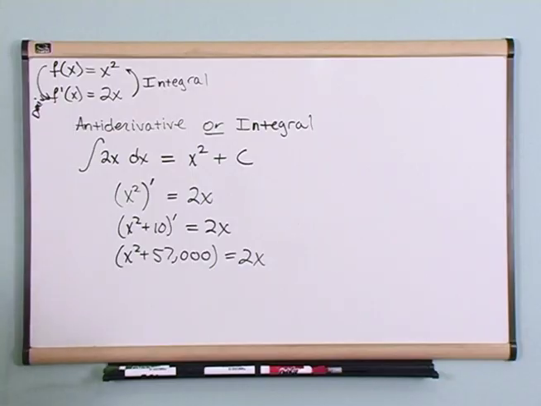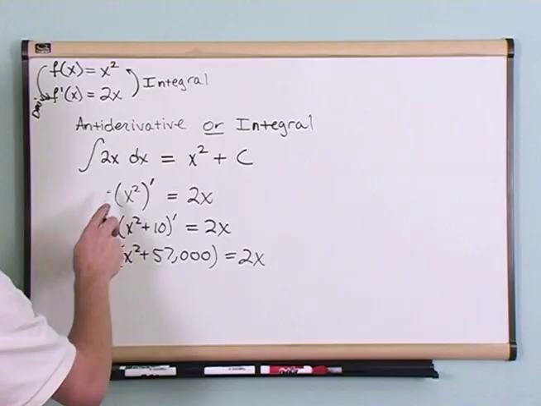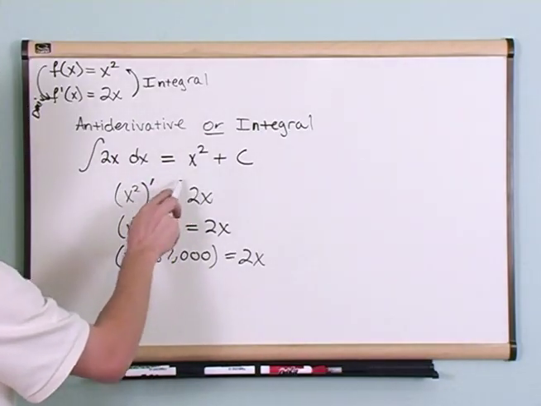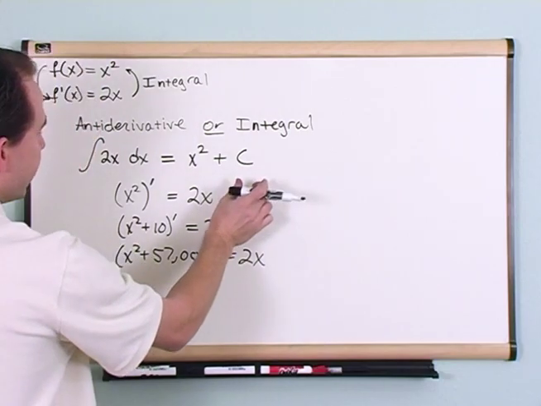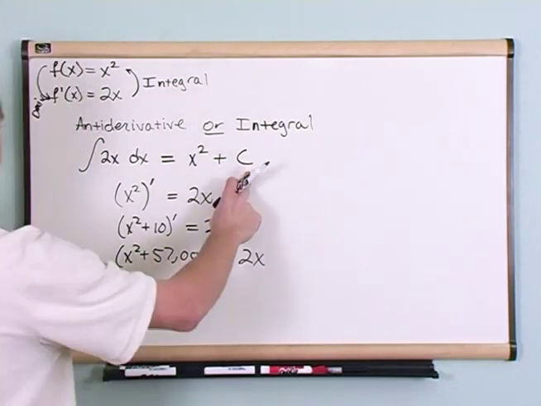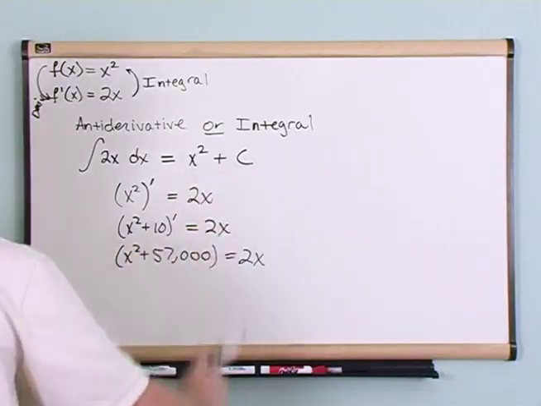So that is why when you take the integral of something here, like this, you write it down, you know what the answer is, but you always have to add a constant to it. And this is an arbitrary constant. This means this could be 1, this could be 10, this could be 50, this could be 1,000. It doesn't matter. It could be any number. That's why I put a letter there, and it's called C.